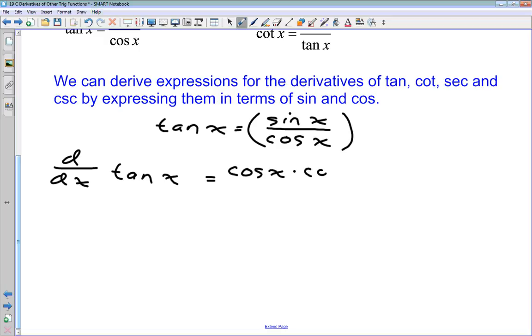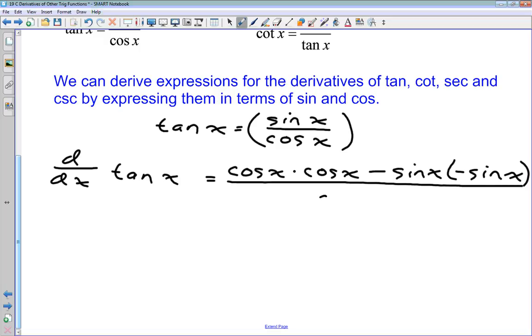So we'll multiply that by the denominator, cos x, and then we'll subtract our numerator, sine x, times the derivative of the denominator, which is, derivative of cosine is negative sine x. And all of this is divided by our denominator squared.